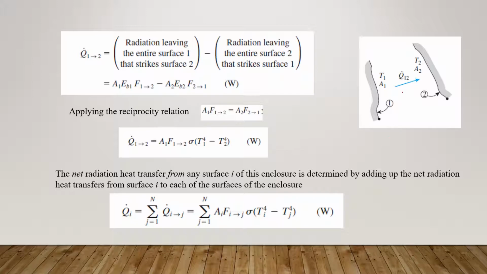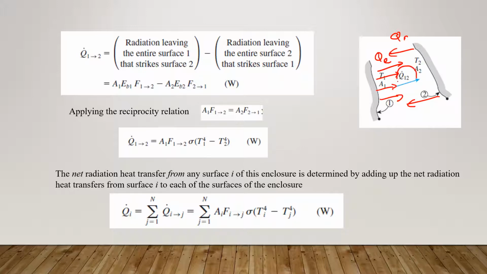To find Q dot 1 to 2, we know that if surface 1 radiates energy, it will transfer the energy, and then some of the energy will reflect back to surface 1. So Q reflects, for example, and this is Q emit.